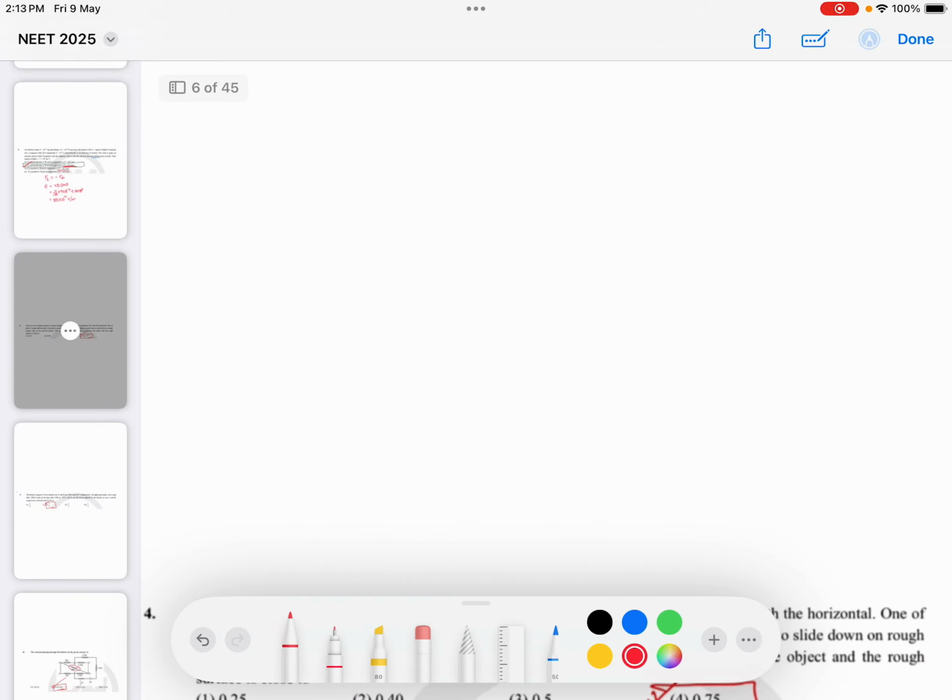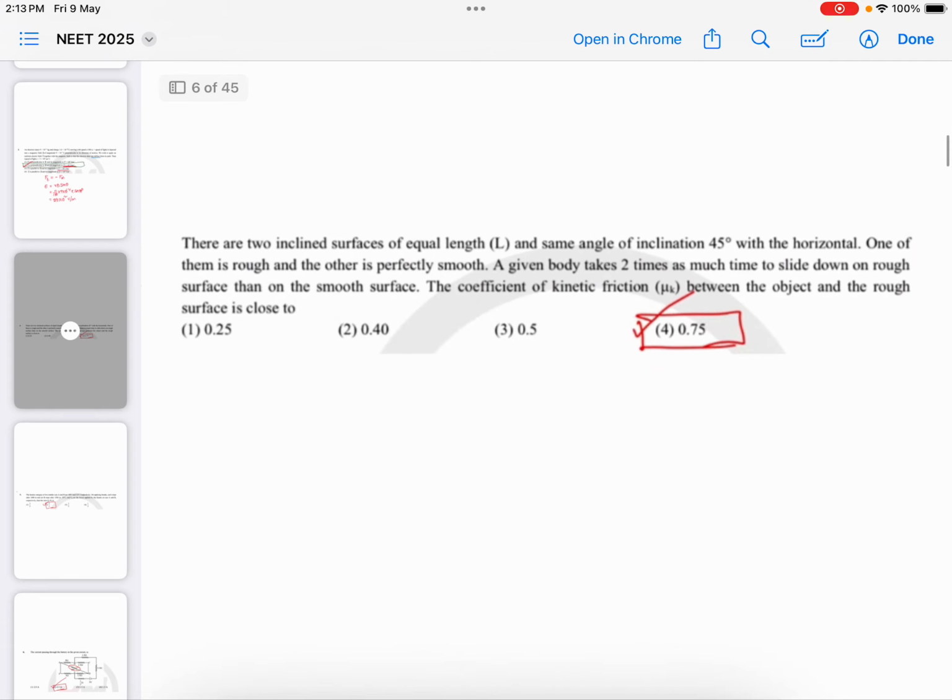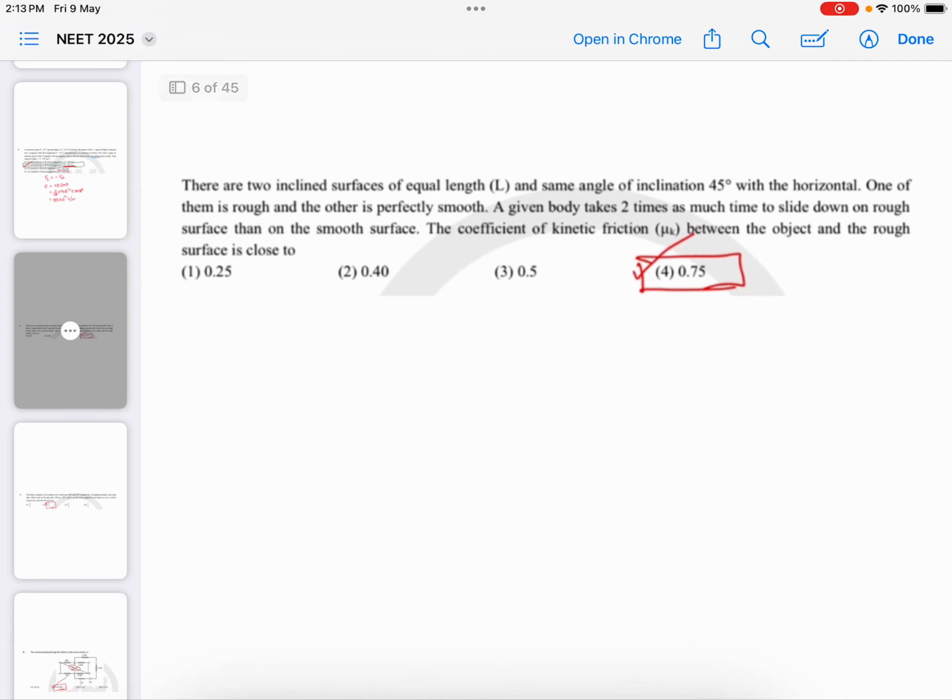And next question. Two inclined surfaces of length L, same angle 45 degrees with the horizontal. One of them is rough and the other one is perfectly smooth.